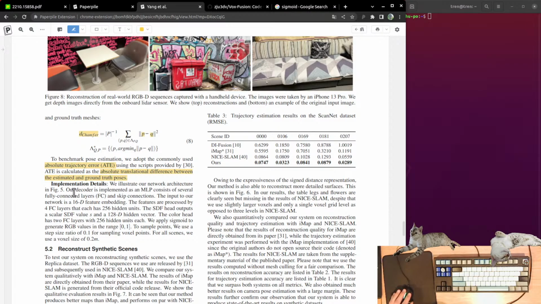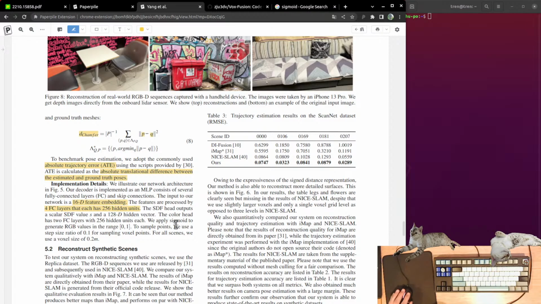To illustrate our network architecture in Figure 5, our decoder is implemented as an MLP consisting of several fully connected layers and skip connections. The input to our network is a 16-dimensional feature embedding. The features are processed by 4 fully connected layers that each have 256 hidden units.